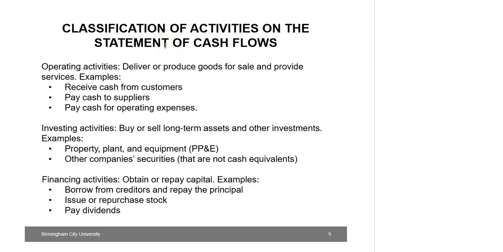Cash activities are classified into three groups or categories on the statement of cash flows. These include operating activities, investing activities, and financing activities. Operating activities include the day-to-day activities of the company that are related to generating revenue, such as selling goods and services, and other activities that are not classified as investing or financing.